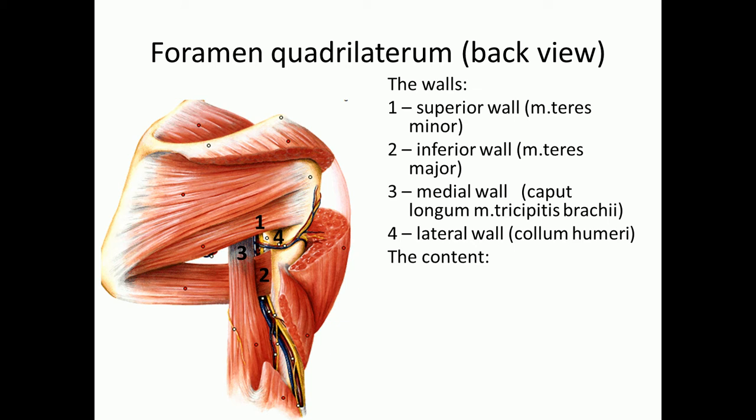What is the content of foramen quadrilaterum? First of all, arteria et vena circumflexa humeri posterioris, and also nervus axillaris. Now, it's a good possibility to say that usually arteries do not go as single structures.